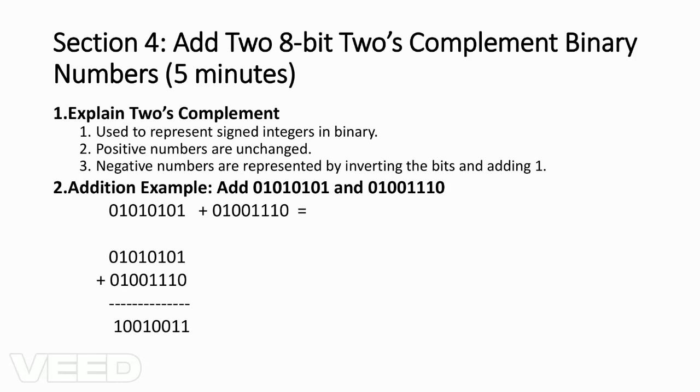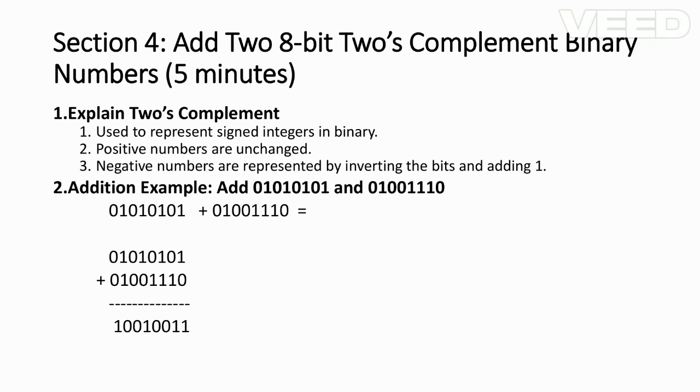We add the 1 to the next column. Again we have 2, which is 0, remember 1. So this will be 0, then this will be 1. 0 plus 0 is 0. Here we have 2 again, which is 0, and we add a 1 here.